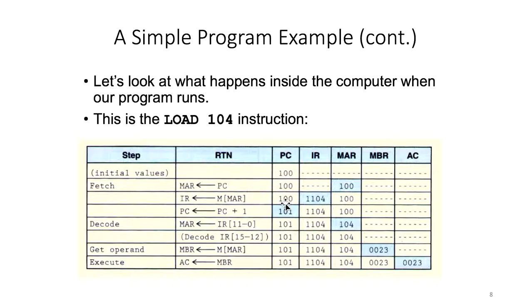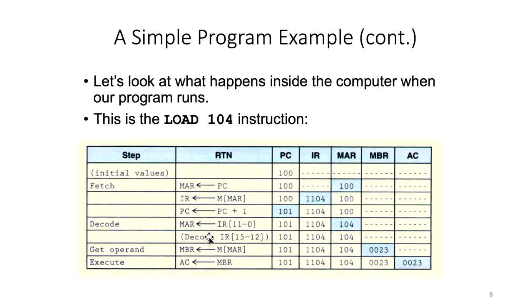Once the information at address 100 has been copied to the instruction register, the program counter is increased by 1. So PC becomes PC plus 1, meaning the next instruction will be executed next. Now PC equals 101. IR and the memory address register stay the same.